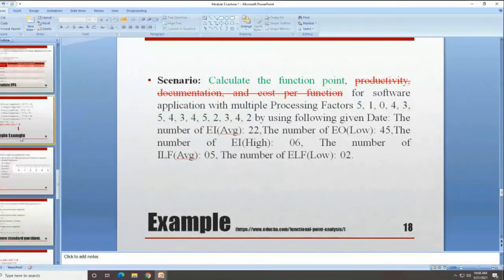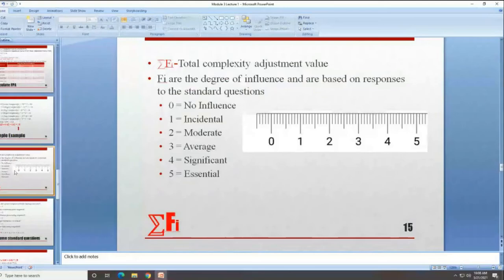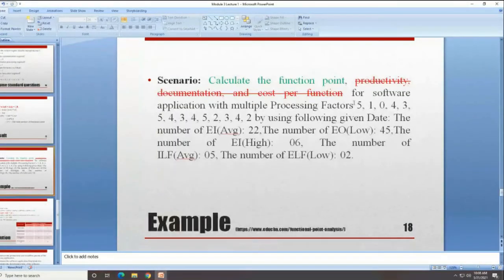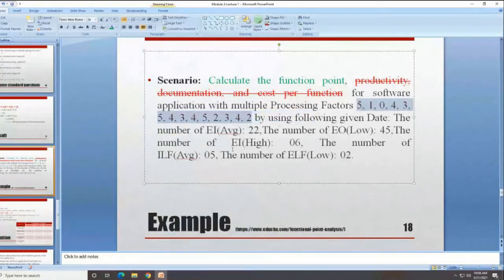So in our case, this total complexity adjustment value is already given. This is your total complexity factor. What we have to do is add all those things to get the summation of Fi, right? And the number of external input is of average complexity.